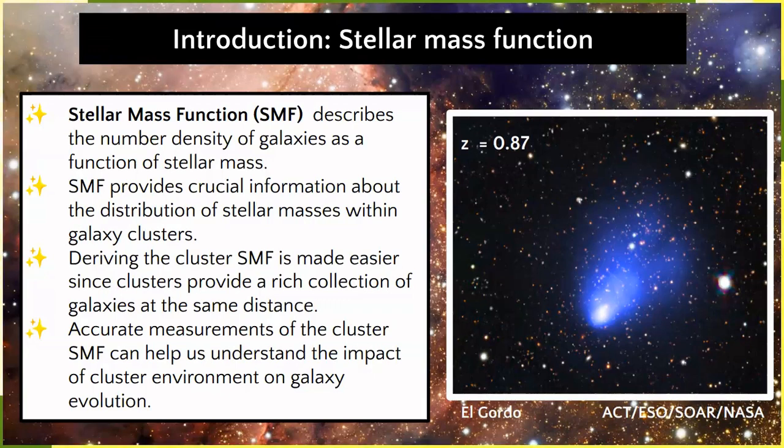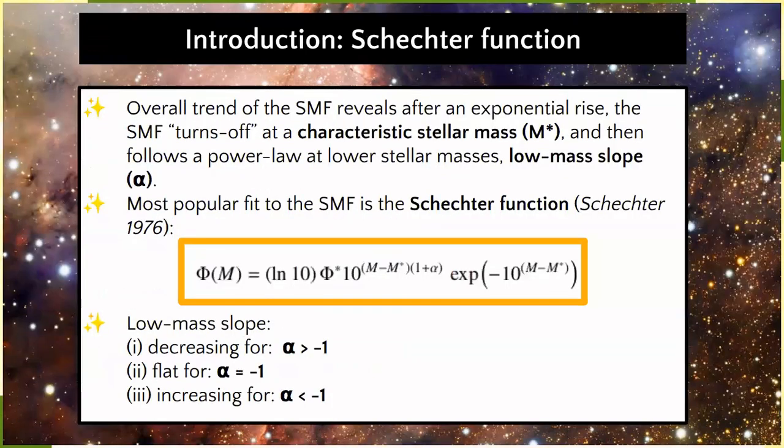So here's an image of one of the largest galaxy clusters ever discovered, commonly known as El Gordo, which is Spanish for the fat one. And it was discovered by the Atacama Cosmology Telescope using images taken from ESO's Very Large Telescope and the SOAR telescope combined with X-ray imaging from Chandra.